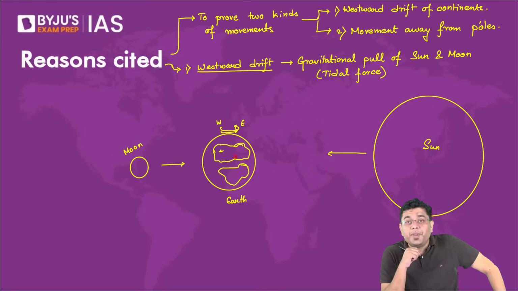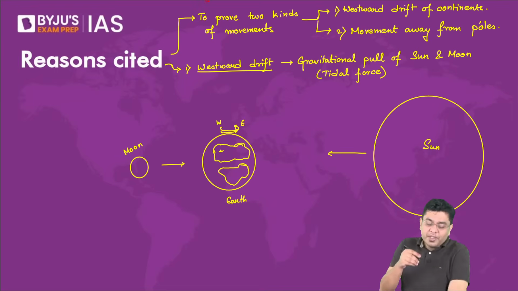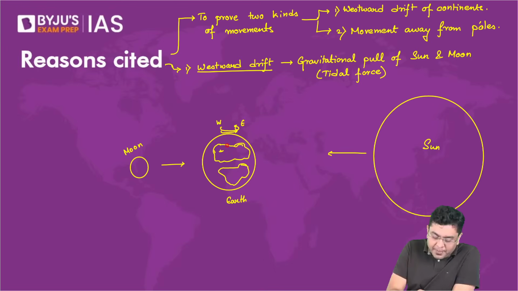Imagine that scenario. If the gravitational pull exerted by the moon is so very strong that it would hold the land masses in their own place as the SIMA underneath would continue to rotate, what would have happened? In that scenario, these lands would crack up. The land would crack up. Why? Because the land was being held by the moon, apparently, as per Wegener.